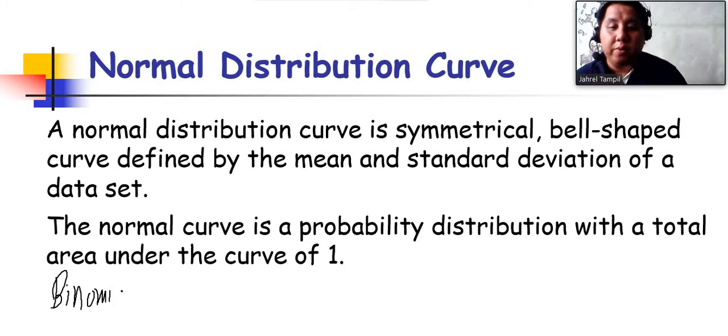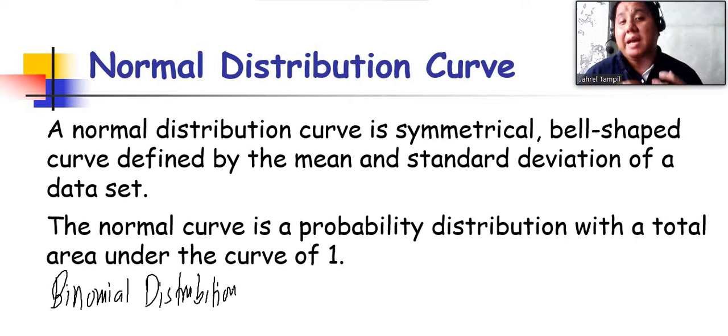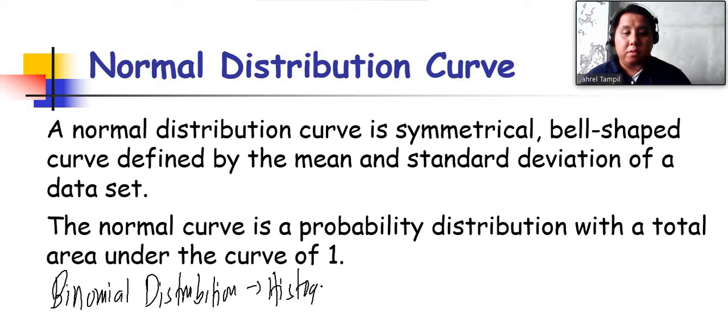It is beyond the scope of our course, but we can actually show that the binomial distribution or any probability mass function can be described as a histogram. And as you all know, a histogram is a bar graph that has no spaces.